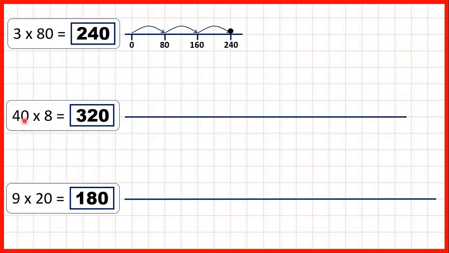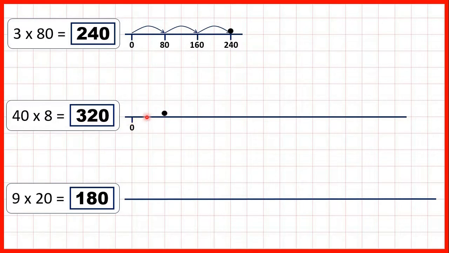Then we had 40 times 8. Now we could show 40 jumps of 8 on our number line, but that would take us a very long time. So instead, let's show 8 jumps of 40, because remember, with multiplication, order doesn't matter.